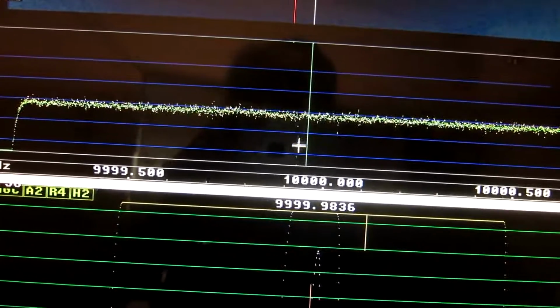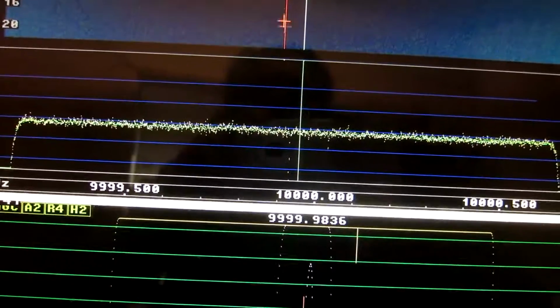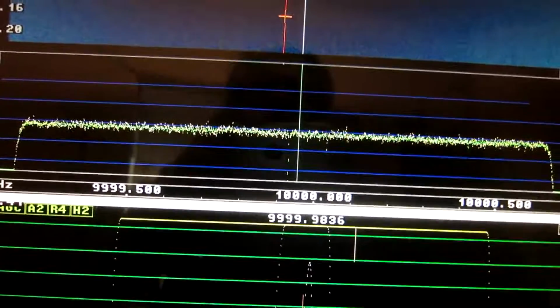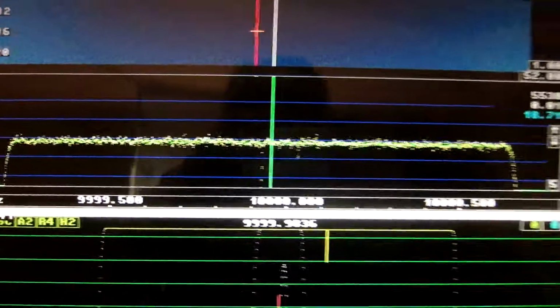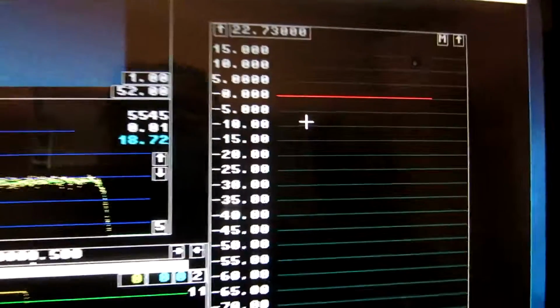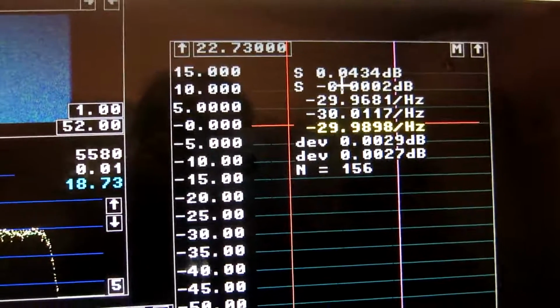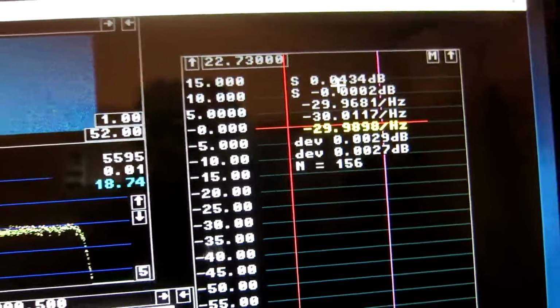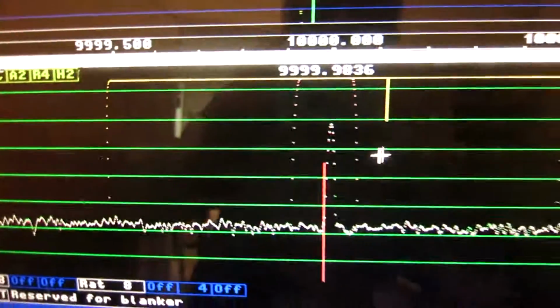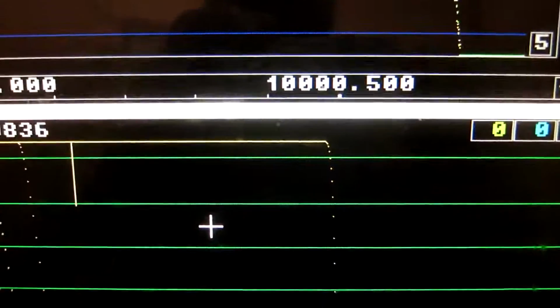Sorry, that is here, the notch. And here is the mirror image. The level of the signal here is calibrated to show 0. I have set the bandwidth carefully to plus minus 500 Hz.